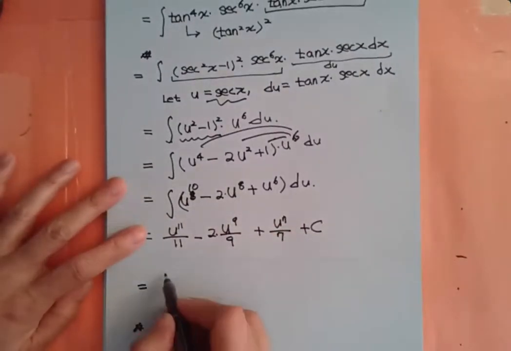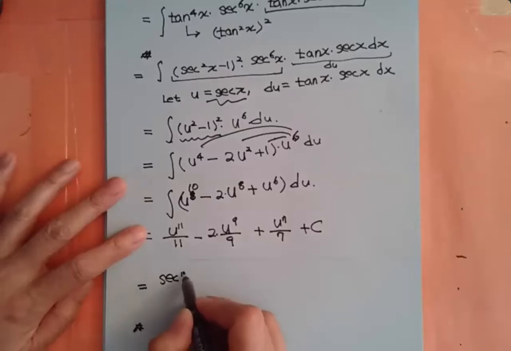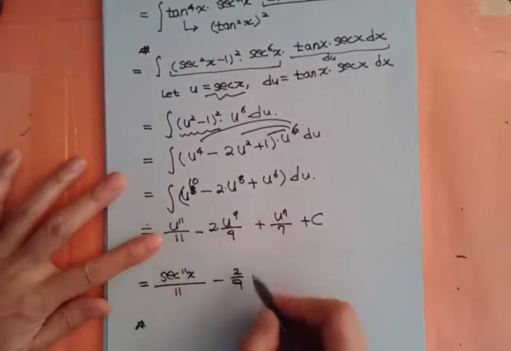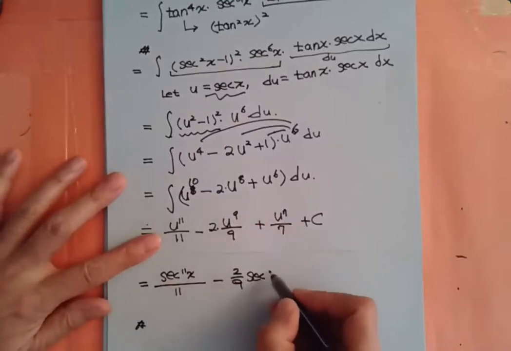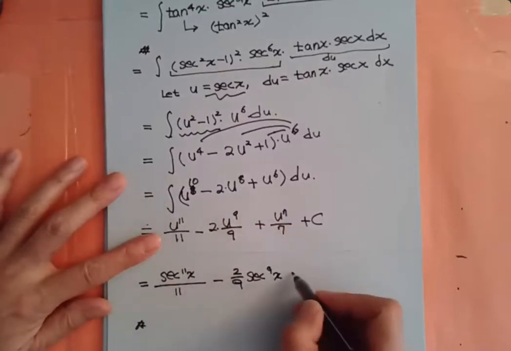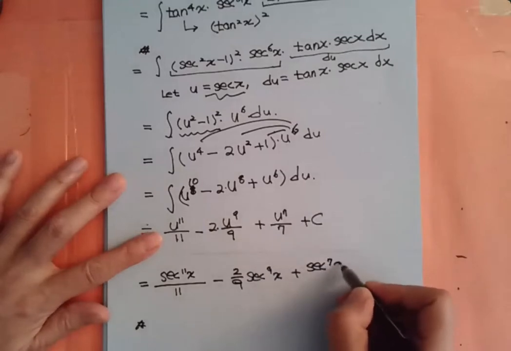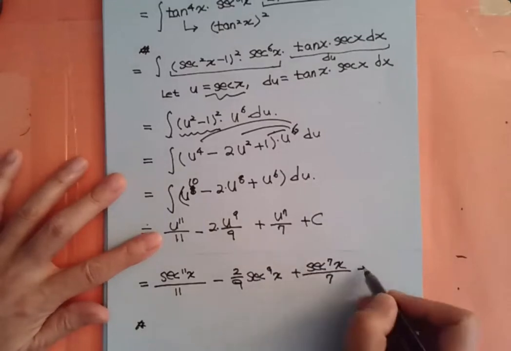So that becomes secant to the 11th power x over 11 minus 2 over 9 secant to the 9th power x plus secant to the 7th power x over 7 plus c.